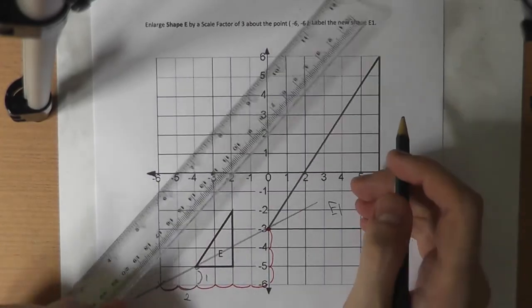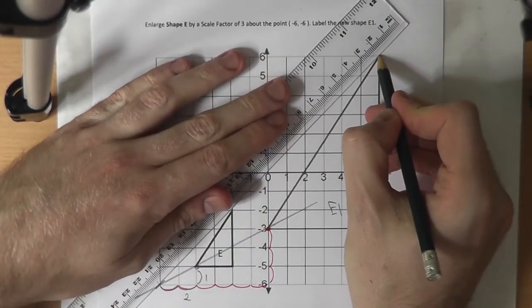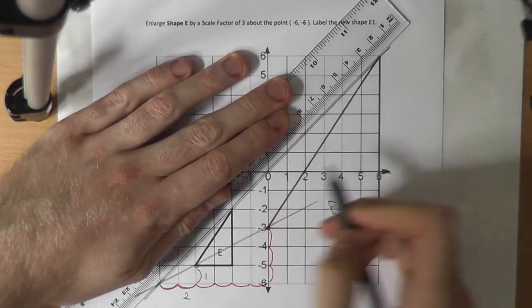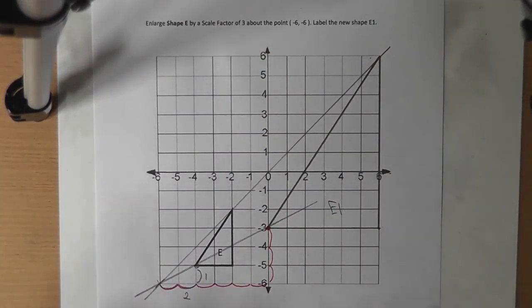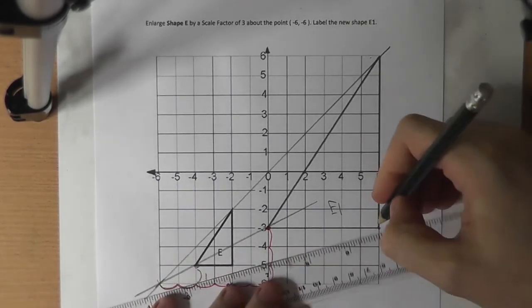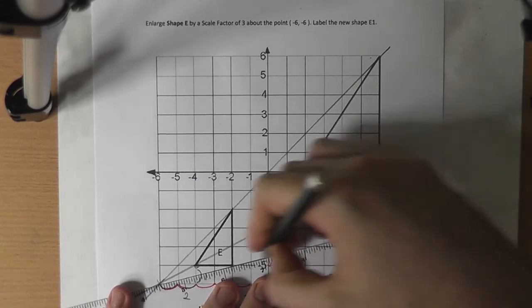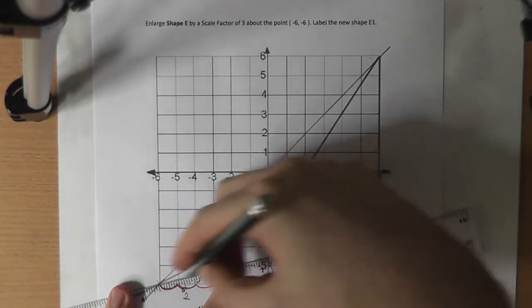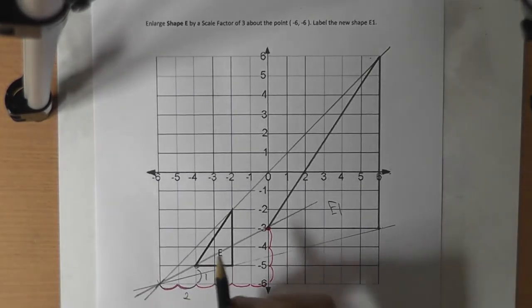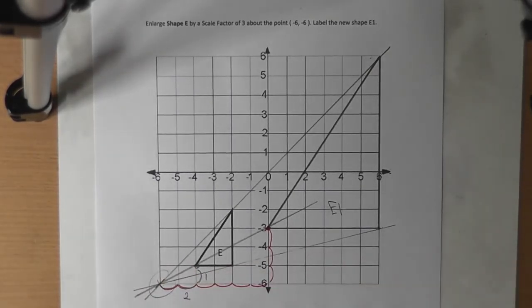I should be able to match up the top corner in each case and join it up to that -6, -6, like we've done. And I should be able to match up these 2 right-angled corners and that point as well. And look at that, all 3 work. Key thing though, they all meet those 3 lines at this point down here, the -6, -6, and that's important for something in a few moments.